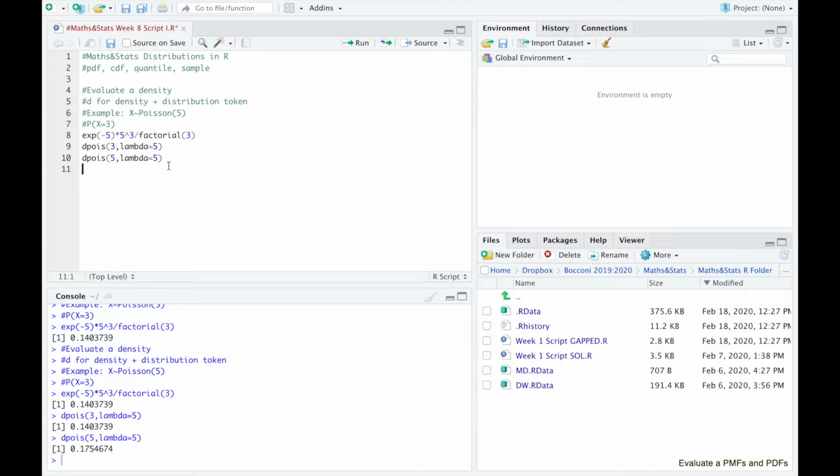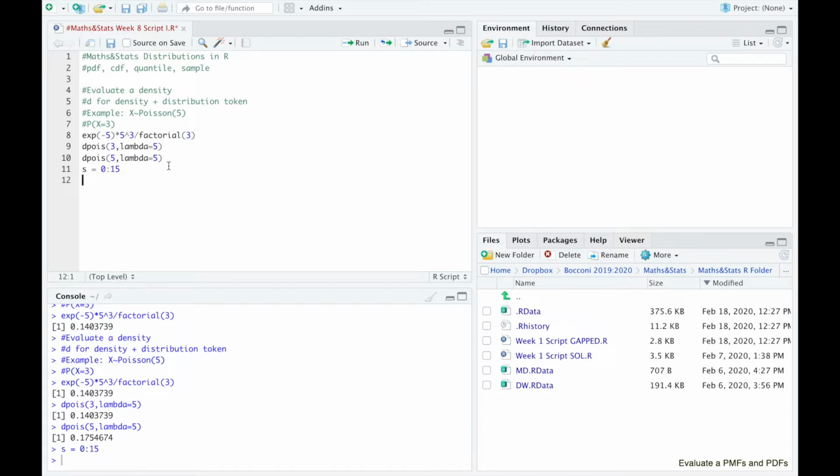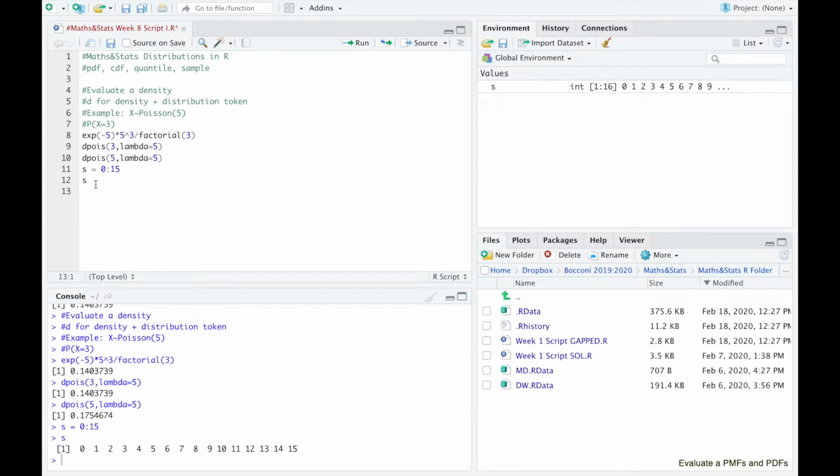If I define a vector, let's say I define the vector s equal to 0 to 15, then with this command, let's see what s is like. We have defined a vector s, you can see it here in the environment. s is 0, 1, 2, 3, 4. With this command, you define a vector with all the integers from 0 to 15. And if you write s and press Command Enter, this is what the vector looks like.